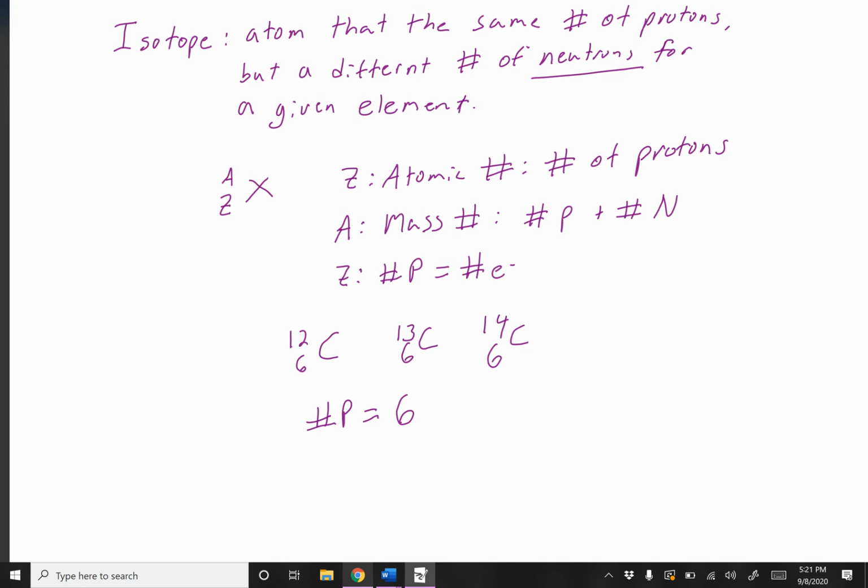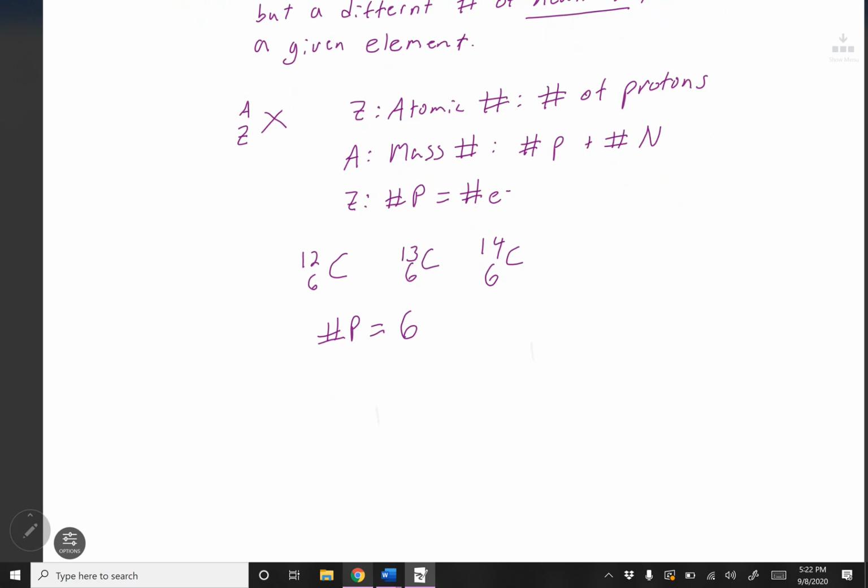So I said up above that the difference between isotopes is the number of neutrons. Okay, so let's see if that's true. Remember, our top number, A, is the mass number, which is equal to the number of protons plus the number of neutrons. So let's take a look at carbon 12.